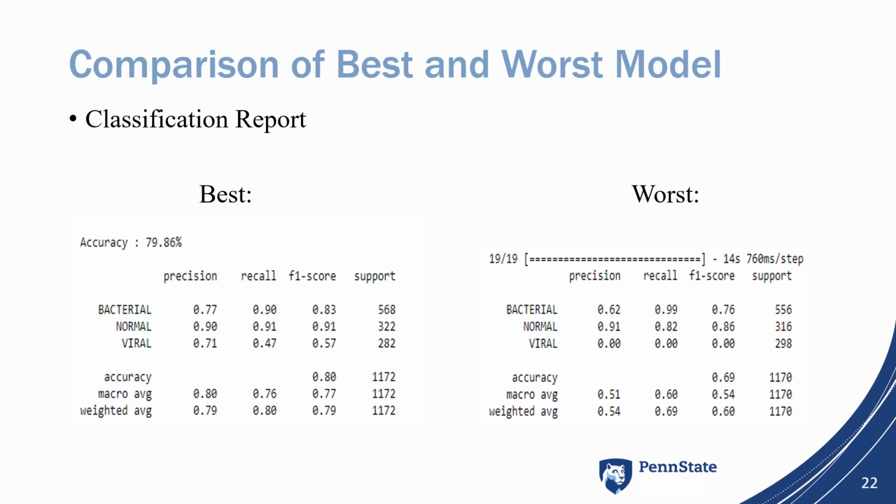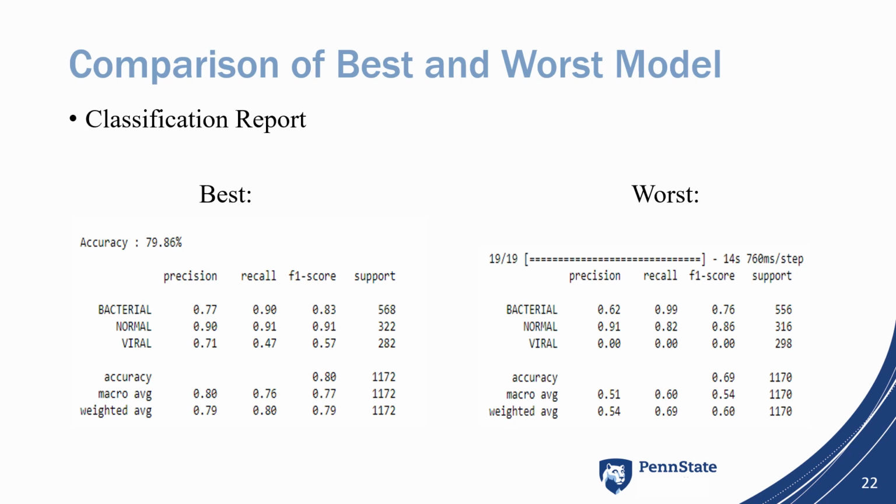Now we can see from the classification report various metrics from the best model. The recall for bacterial and normal classes are both good at above 90%, but when it comes to the viral class, the recall dropped drastically from the other two classes.